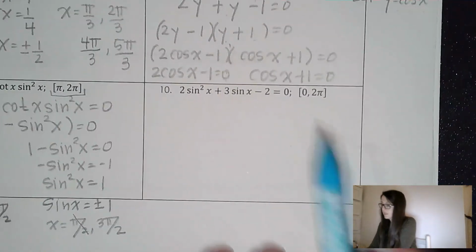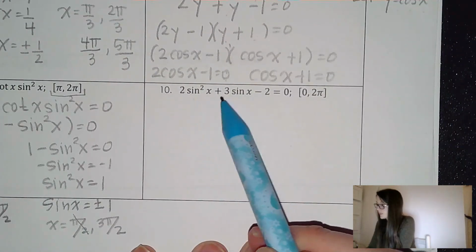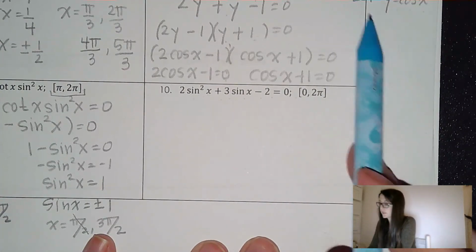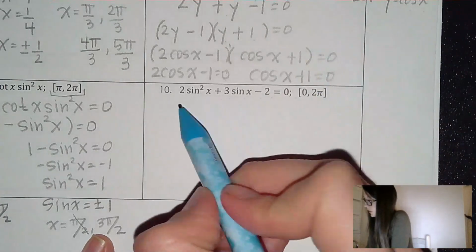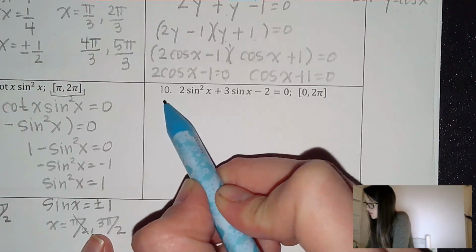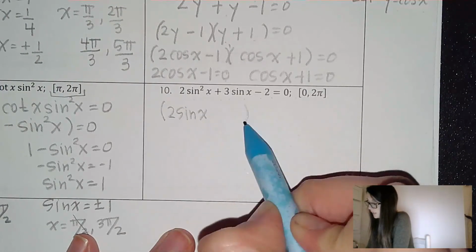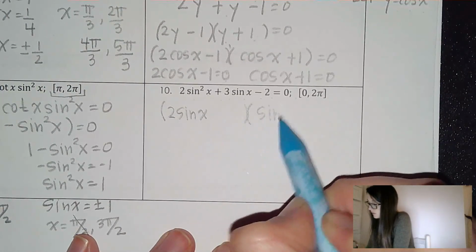Alright, so let's go this one again. So this one says 2 sine squared x plus 3 sine x minus 2. So you can do that substitution like we did up here, or you can just think about it and just know that this first term is just going to be the single version, like that.